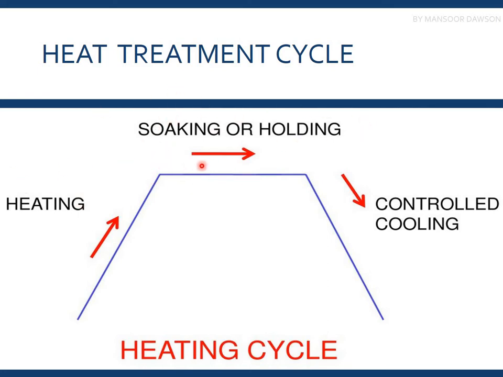So we allow the material to soak the temperature homogeneously, so the material now has the same temperature from the surface to the core. Then we cool it down at a certain rate, either the same as the heating rate or different from it. That is called controlled cooling.